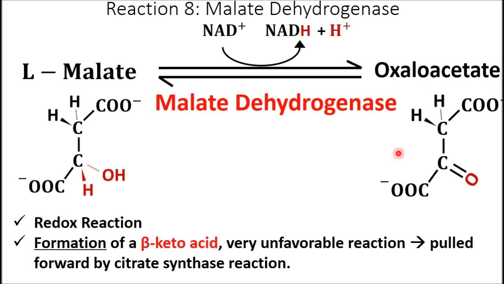So you need to use this oxaloacetate very quickly. And one of the good things is that in the obligate binding phase of citrate synthase, oxaloacetate binds first. So that's very good. All right. And it pulled it forward. Okay, it pulled it forward. The reaction for citrate synthase is a very negative reaction. It's a very spontaneous reaction.